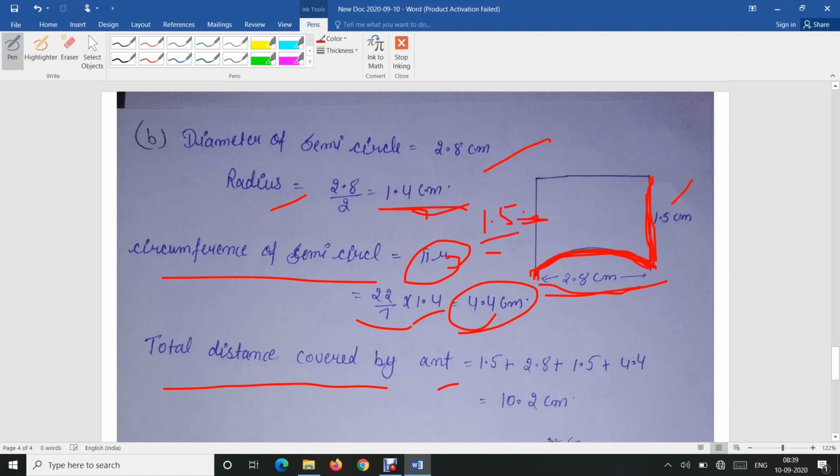Then this will be the circumference of this semicircle. So 1.5 plus 2.8 plus 1.5 plus 4.4 is equal to 10.2 centimeter. This means in this case the ant will cover 10.2 centimeter as the total distance.